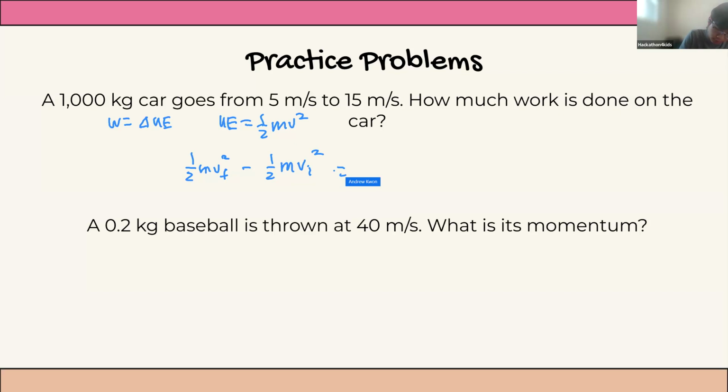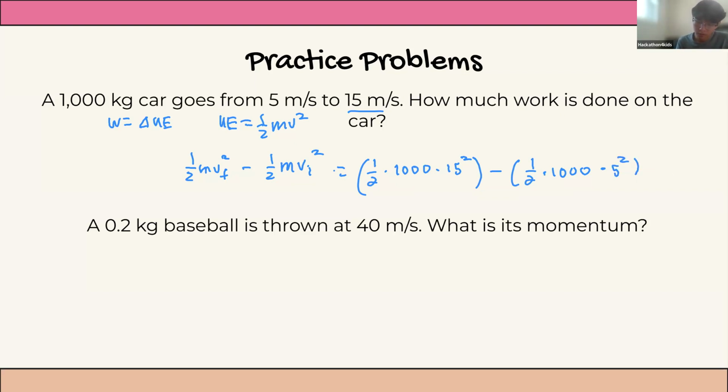So this is just 1/2 times 1000, that's our mass, right? 215 meters per second, that's our final velocity. Okay, parentheses. When we subtract it, over 1/2 times 1000 again, but this time it will be our initial velocity squared, right? So 5 squared, okay?